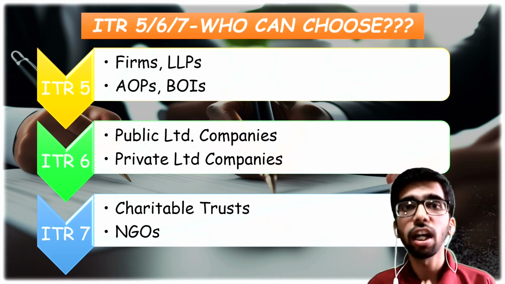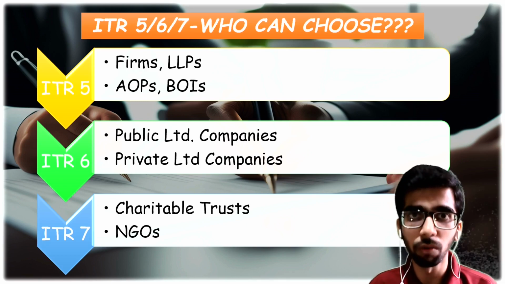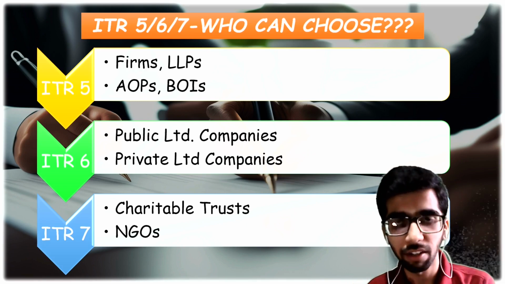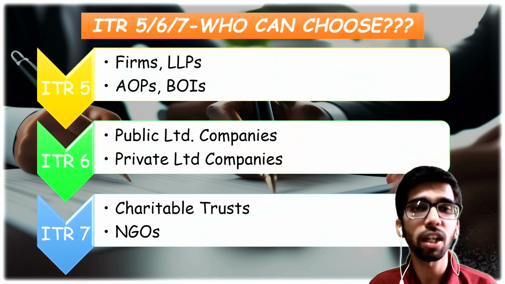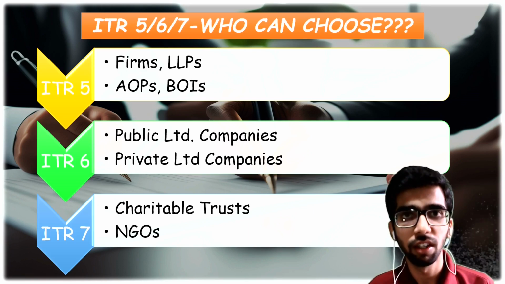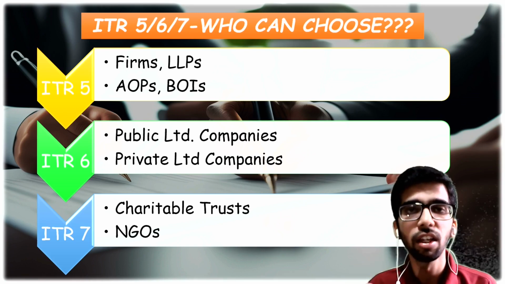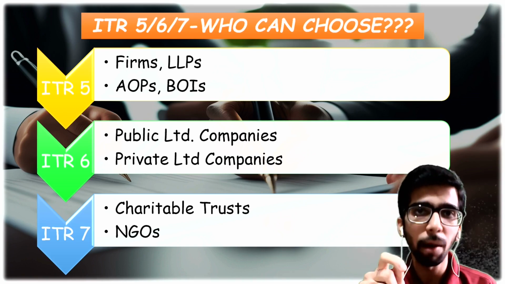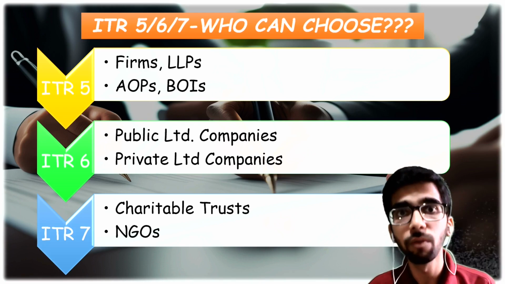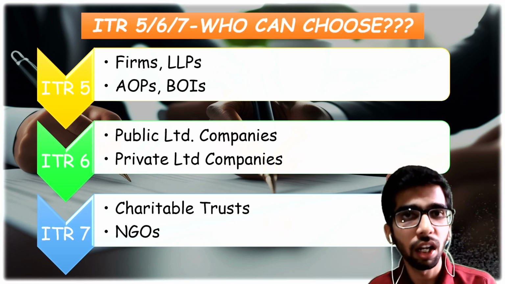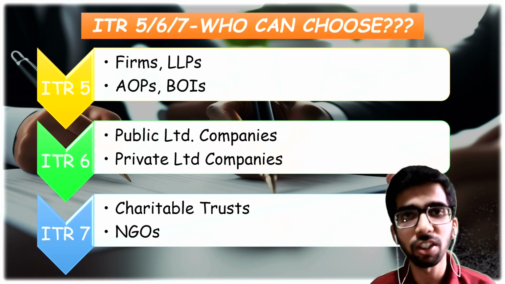So these are the categories of ITR forms that are available as per the income tax site, and also the categories of persons who should use the respective ITR forms. Why I am stressing this point is, if you fail to choose the appropriate ITR form and file your income tax return accordingly, then you may be in trouble of receiving an income tax notice.